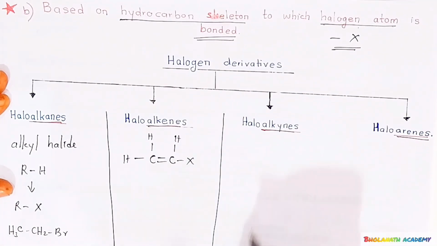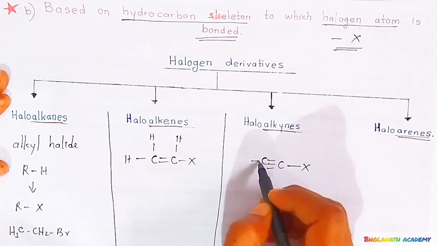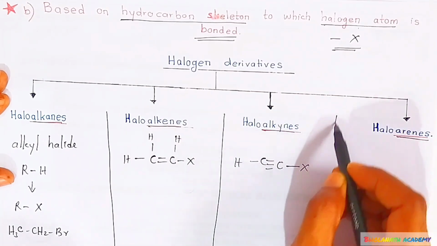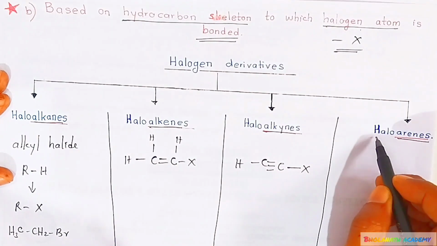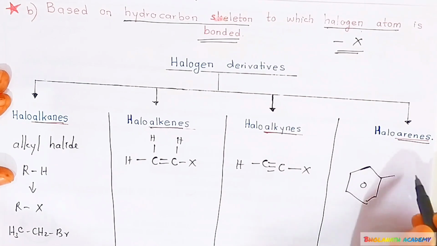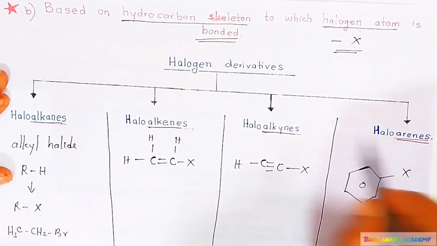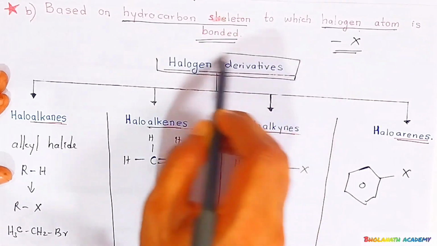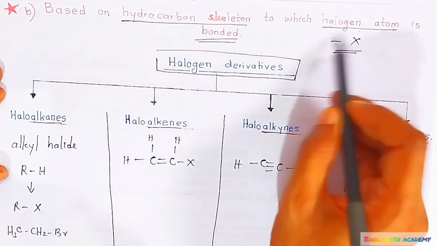If halogen is attached to a carbon-carbon triple bond, the compound obtained is called a haloalkyne. If halogen is attached to an arene group, this is the example students, if a halogen atom is attached to an aromatic ring, the compound obtained is called a haloarene. So this way students, halogen derivatives are also classified into 4 categories depending upon the skeleton to which the halogen atom is attached.